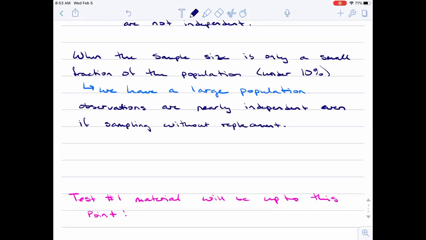Yeah, we want large samples, the bigger the better, but now we're saying, if I'm able to draw less than 10% of the population, then I'm able to assume that all these observations are independent of each other, which is going to be one of our assumptions later on in the course.